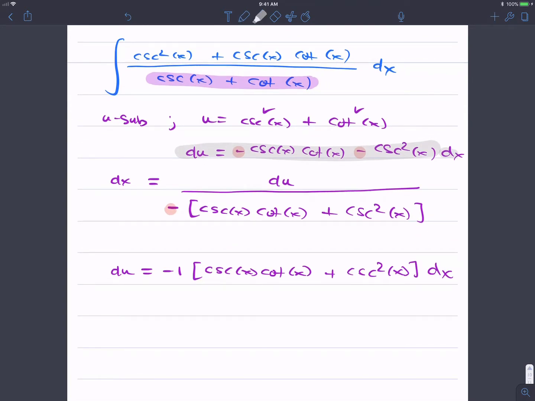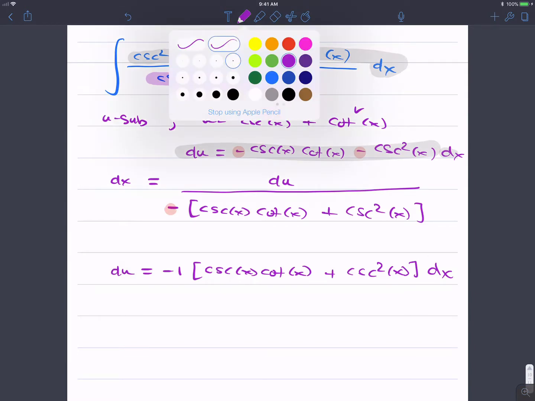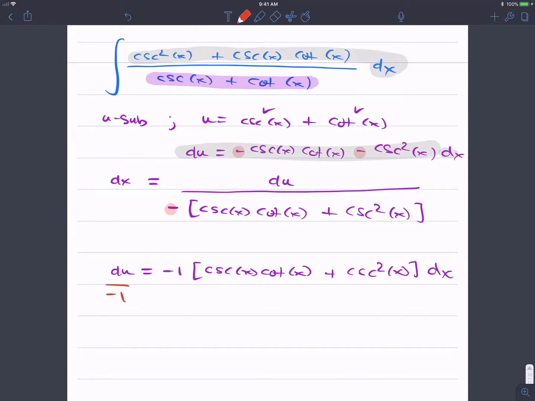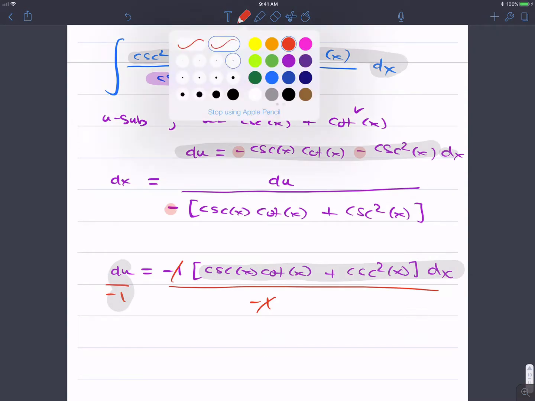So let's point out that this whole numerator, including the dx here, is really now almost. Let's divide by -1 here. Let's get rid of this -1. We're almost done. There. Now what I want to say is this, cosecant cotangent plus cosecant squared dx, is equal to du over -1.